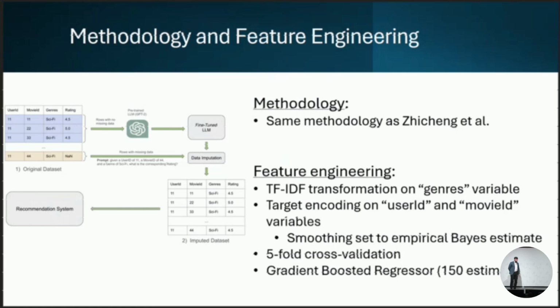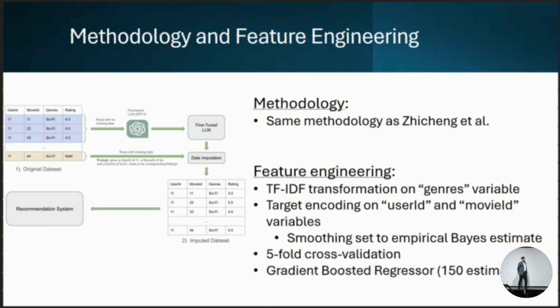The only difference is that my LLM was GPT-4, the GPT model you get when you sign up for OpenAI's API. Then use that model to impute the missing values, feed it into a regression model, and create a recommender system. Then do that again for the 10% missing data set, and again for the 15% missing data set.